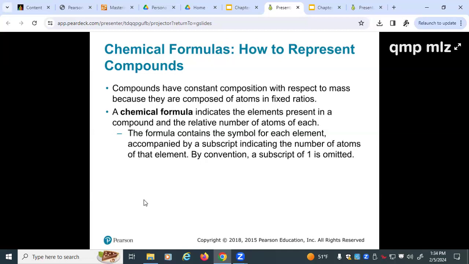So a chemical formula tells us how many different elements are in a given compound and what those elements are and what proportion each of them are in. That's what a chemical formula does. Now, by convention, that chemical formula is going to show us through a series of letters and numbers what is present.